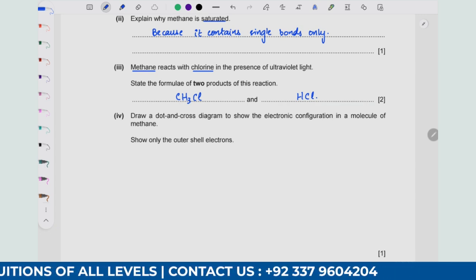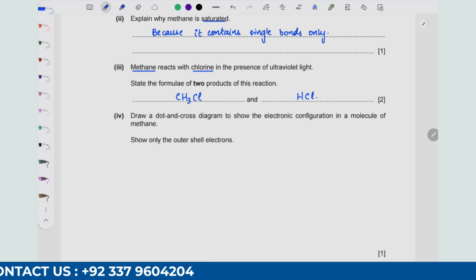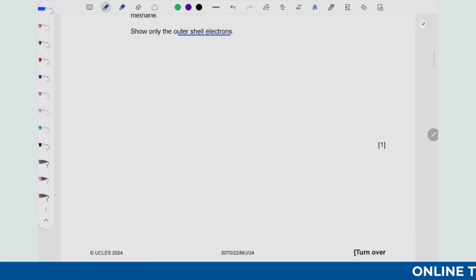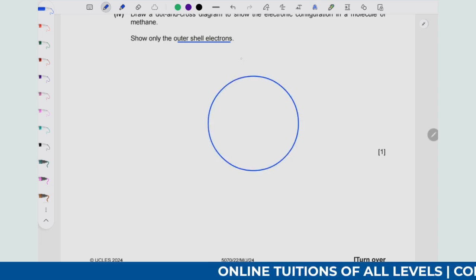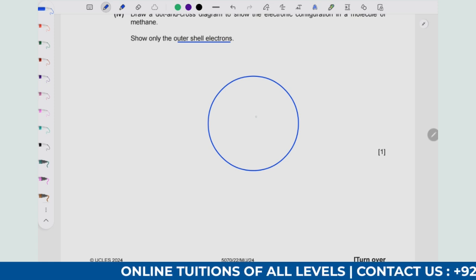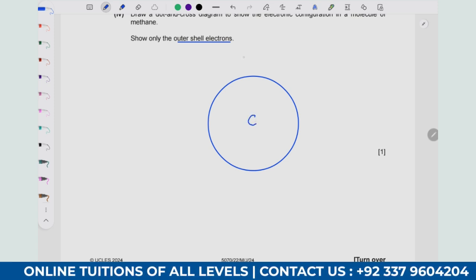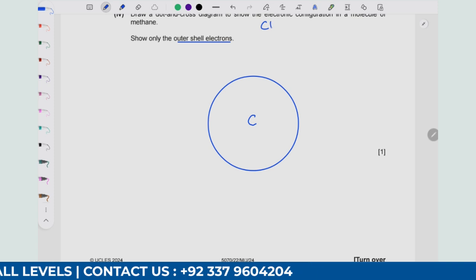Draw a dot and cross diagram to show the electronic configuration in a molecule of methane. That's pretty simple. We just have to show only the outer shell electrons. So let's construct the diagram over here. This is our carbon, and we would be naming the element in the middle as it is CH4.